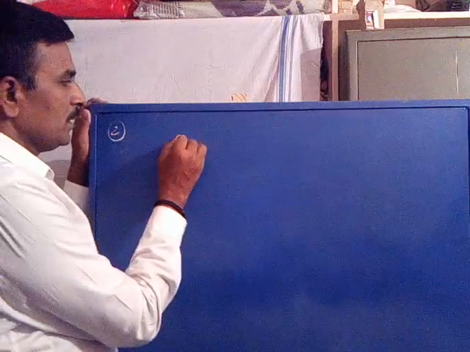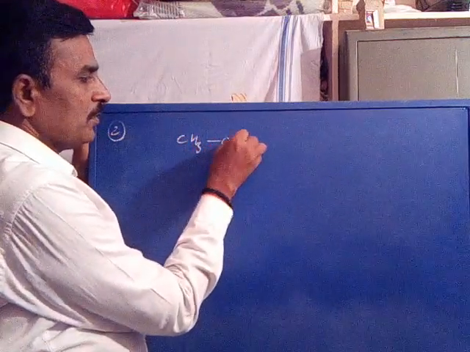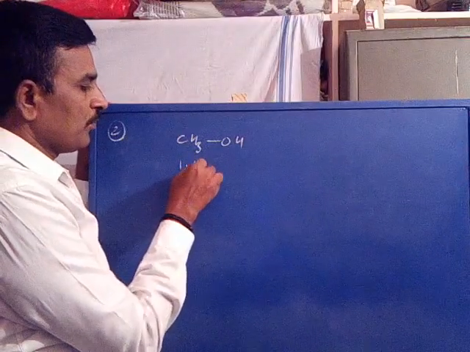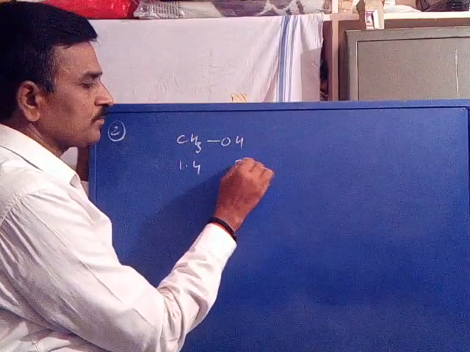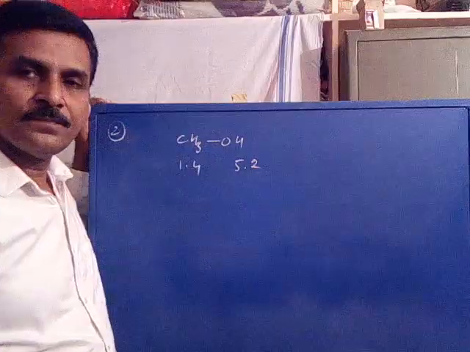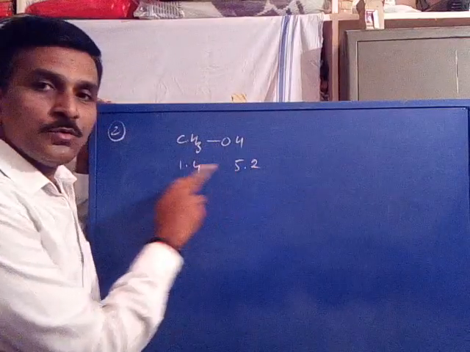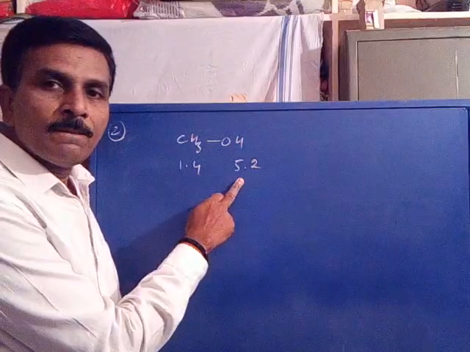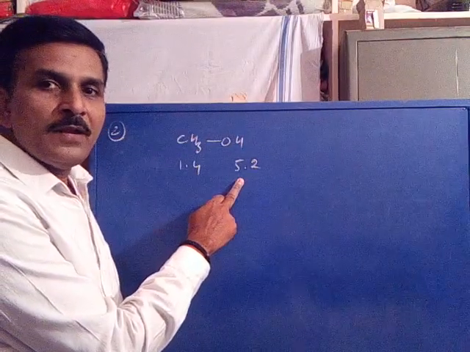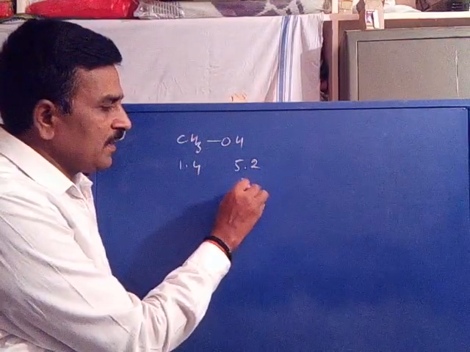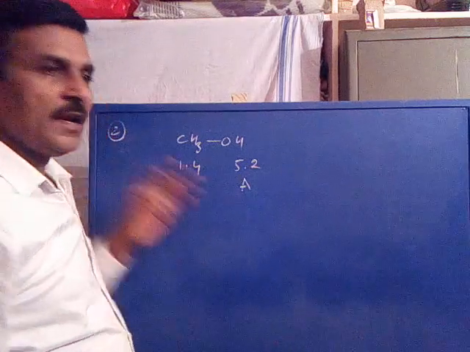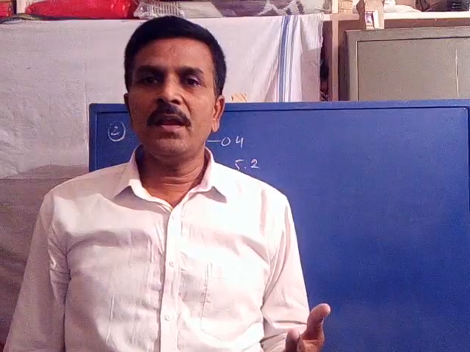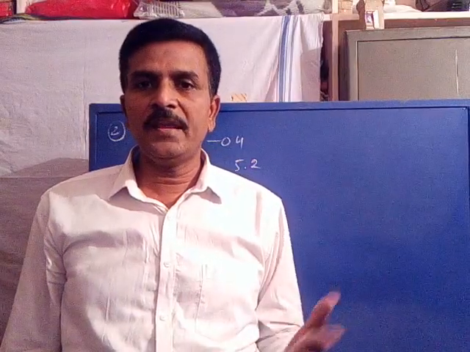For example, we have just now discussed CH3OH. Now, 1.4 for this, 5.2 for this. Between the two sets of coupled protons, the OH proton has the higher delta value, hence it is designated with letter A. So letter A is used to designate the proton with the high delta value.